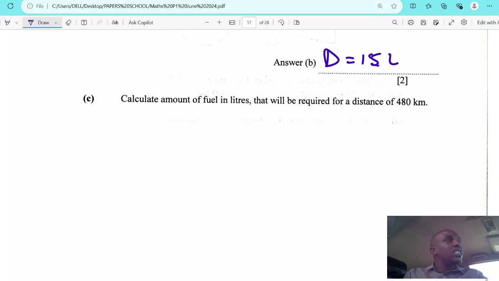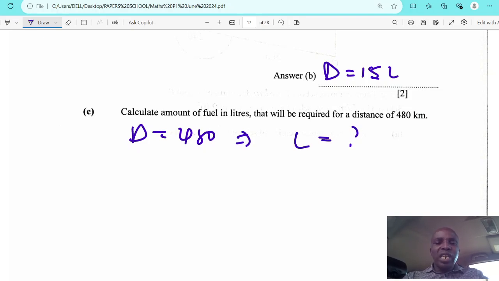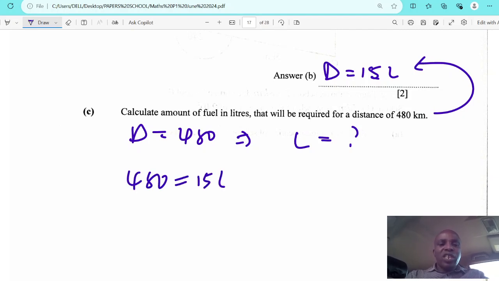So this is the relationship connecting D and L, or expressing D in terms of L. Done. Next, calculate the amount of fuel in liters that will be required for a distance of 480 kilometers. We're given distance 480. What will be liters, we don't have. So we use this equation. For D, you put 480 equals 15L. Then you divide by 15 both sides. So you get L equals 480 over 15.